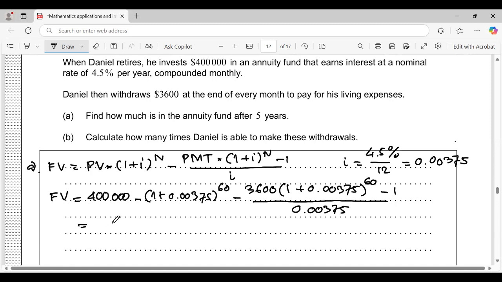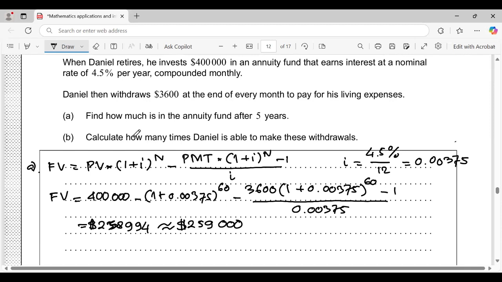If you calculate, the result is $238,994. Or you can round off to $250,000.